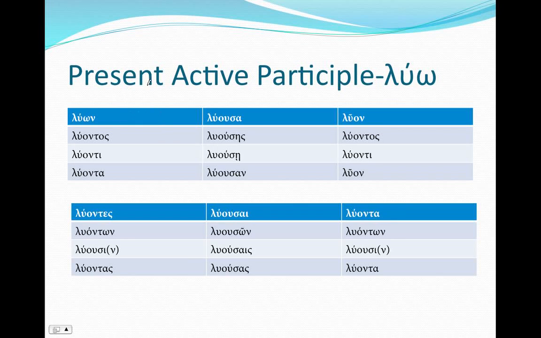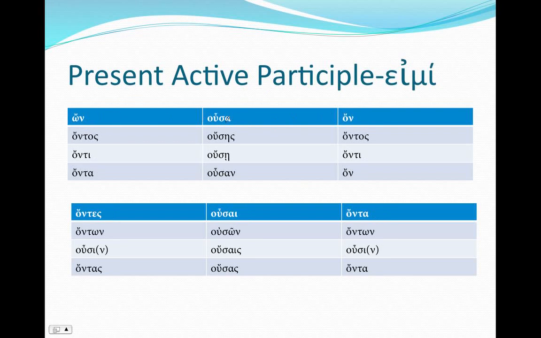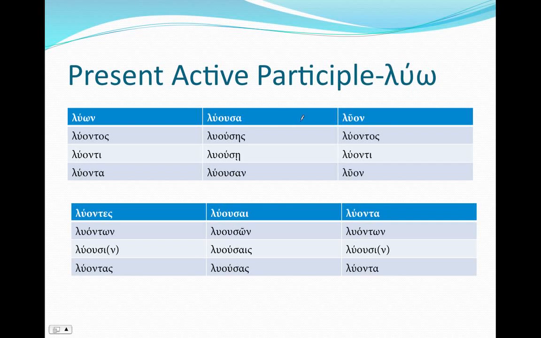So take a look. Luo, masculine, feminine, neuter: lyōn, lyousa, lyon. If we look back at our ōn, ousa, on in the participles of eimi, there's our present active participle of luo: lyōn, lyousa, lyon.